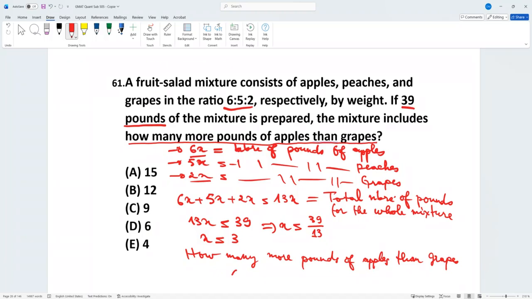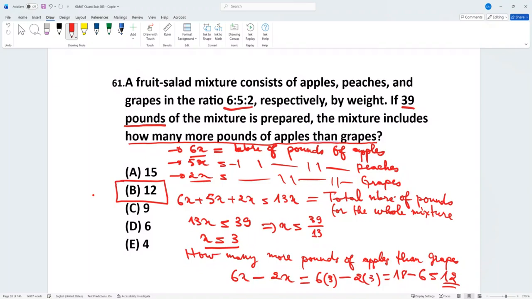We will simply say 6x, which is the number of pounds of apples, minus 2x, which is the number of pounds of grapes. And this will be equal to 6 times 3, because x is 3, we found the value of x here, minus 2 times 3. And this will be 18 minus 6, which is equal to 12. Okay, so we are going to have 12 more pounds of apples than grapes. So answer B is our solution.